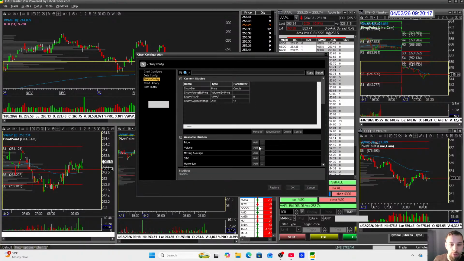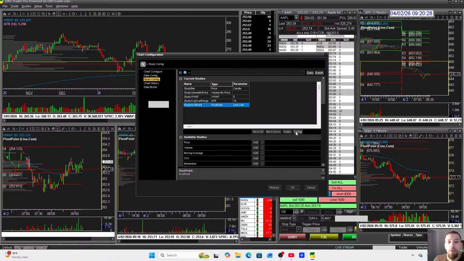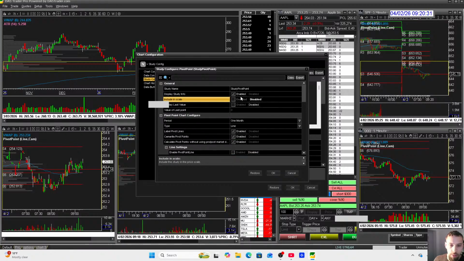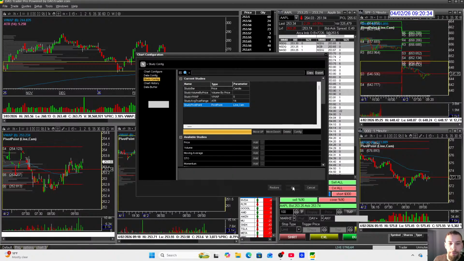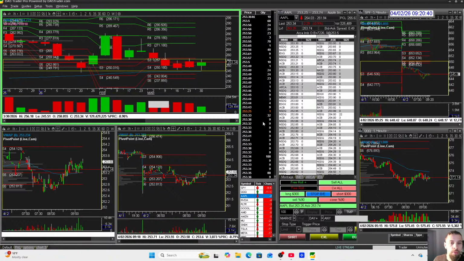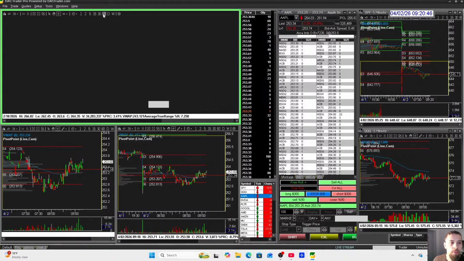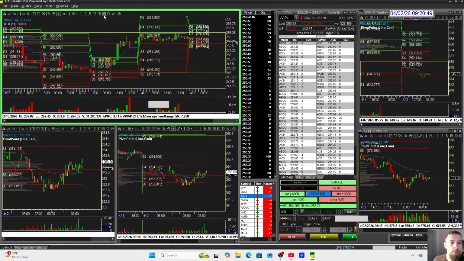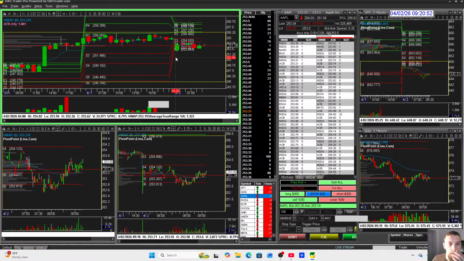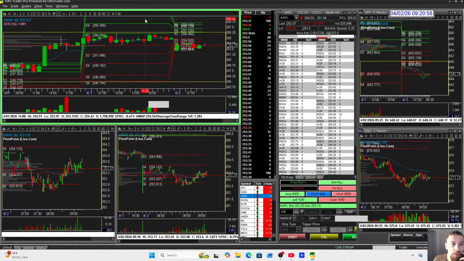Let's add our pivot points back. If you look at how tight these pivots are on here, on at least Apple, see how tight they are relative to yesterday's range?